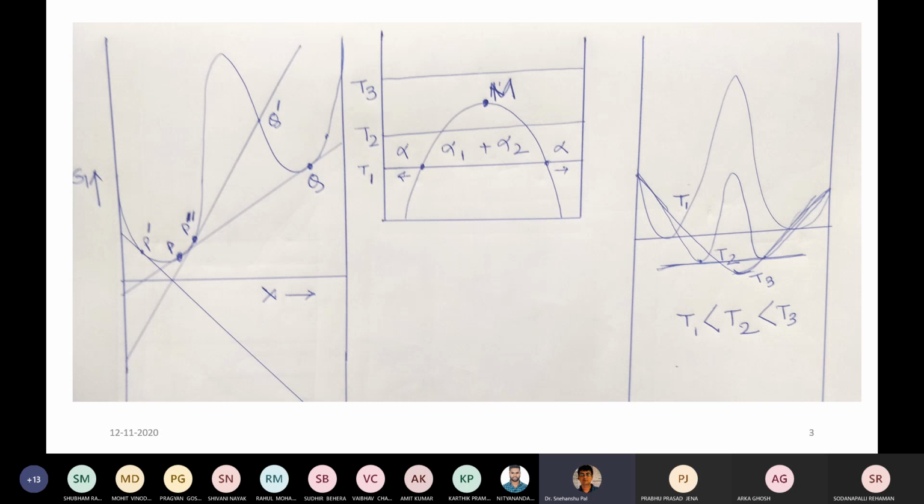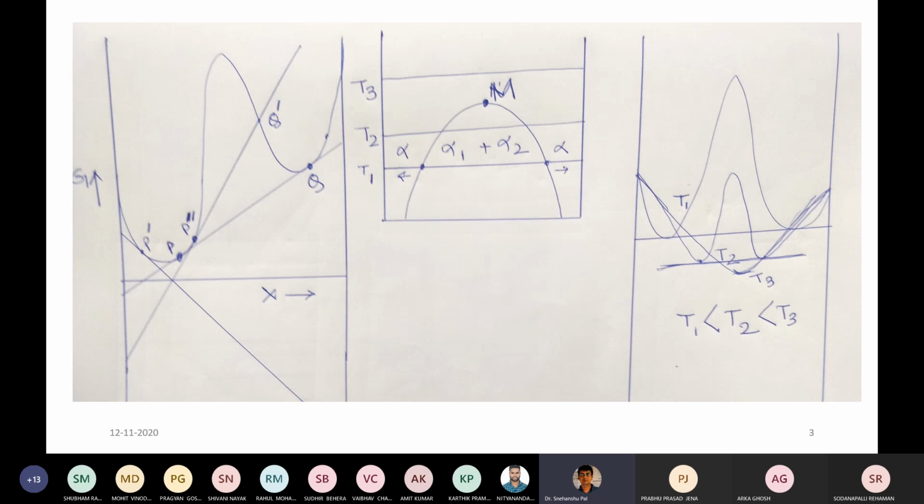So there are lots of chances, in order to lower the free energy, to go for a different composition. So this is the point: there is a chance of phase separation.